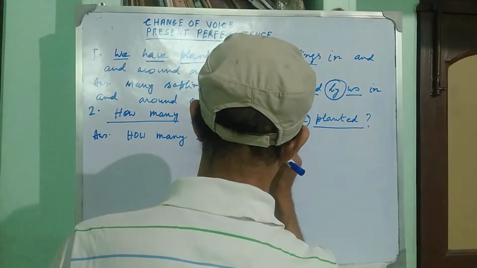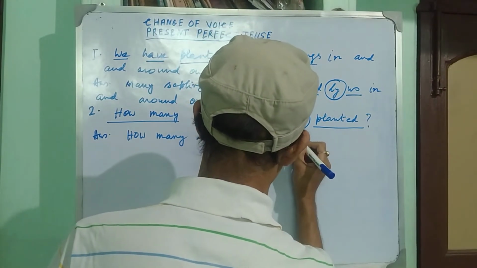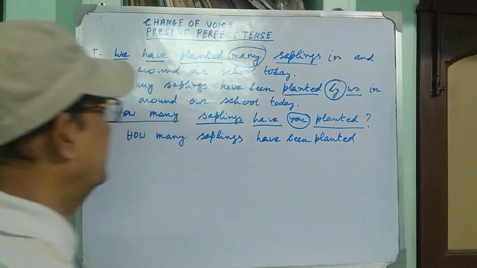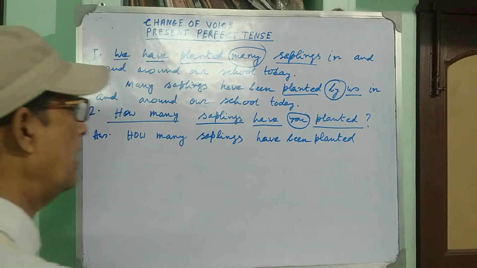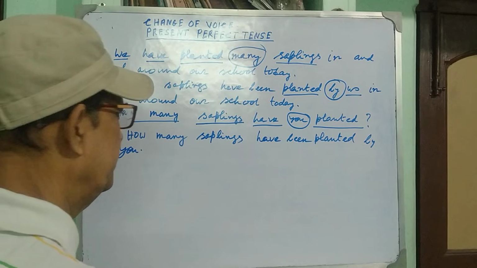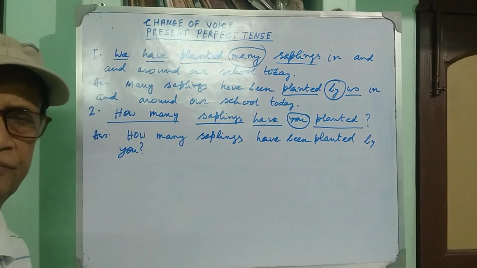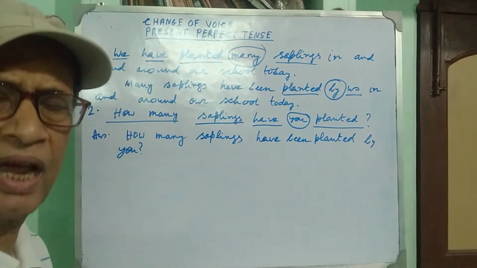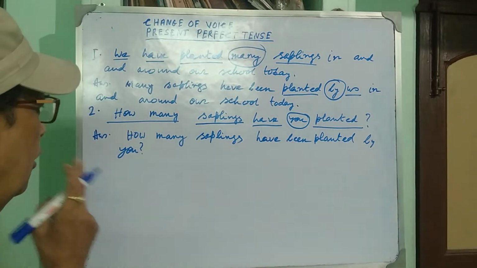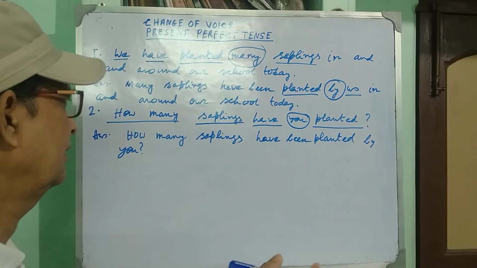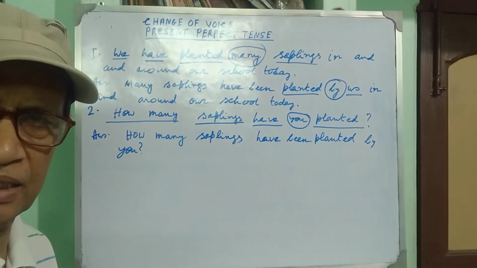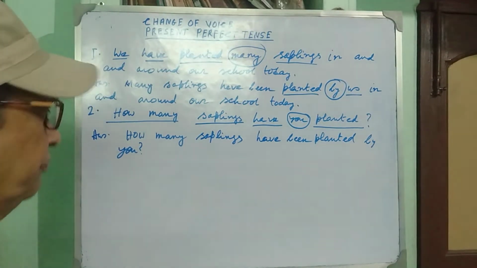Naturally, have been planted by you. Your object is you. There is no change. Note of interrogation. You is subject and you is object. So there is no problem. Look at the board: how many saplings have been planted by you? So it is very easy as water.